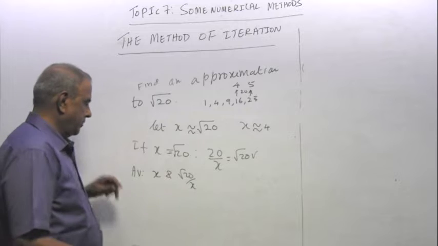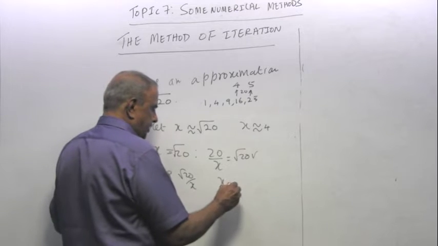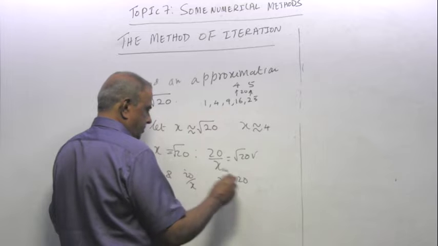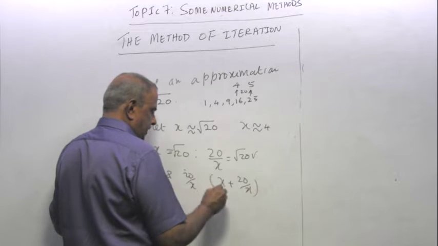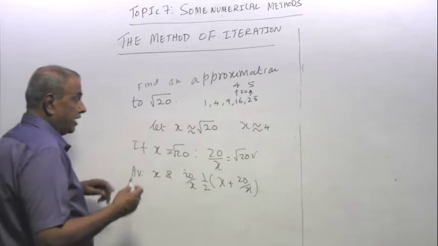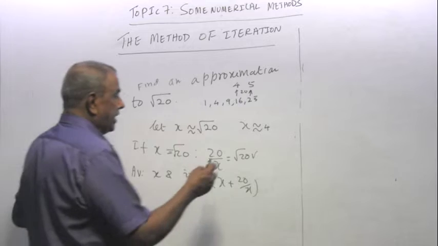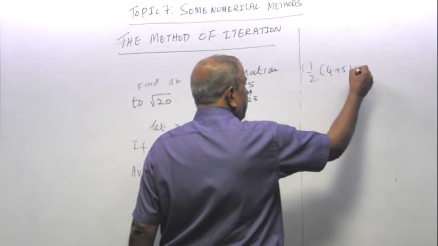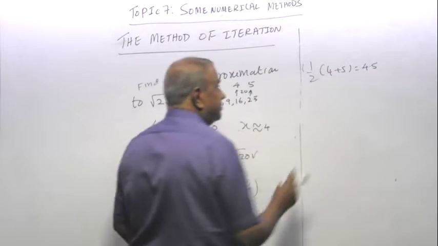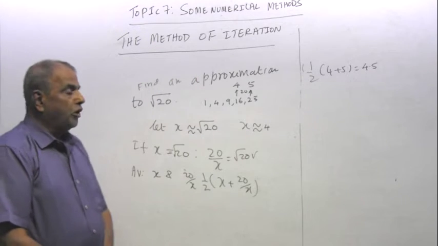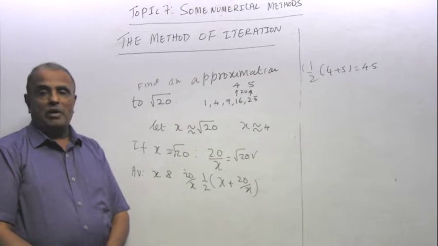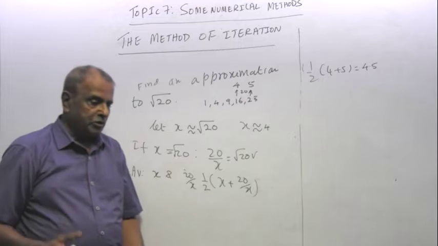What's the average? The average will be half of x plus 20 over x. Taking 4, it is half of 4 plus 5, which is 4.5. So if 4 is an approximation to the square root of 20, 4.5 is a better approximation.